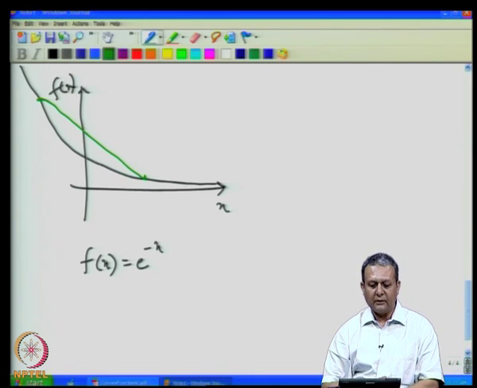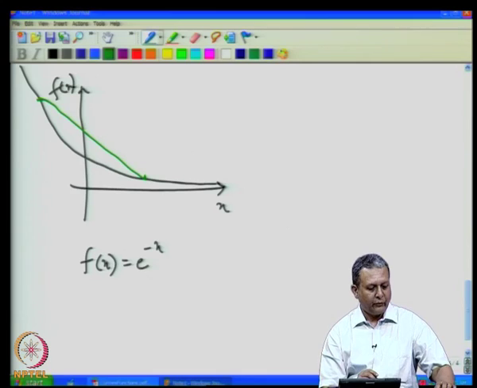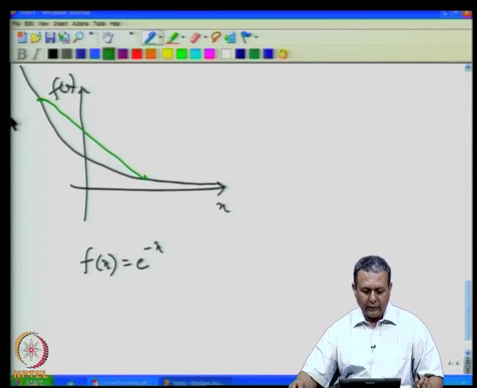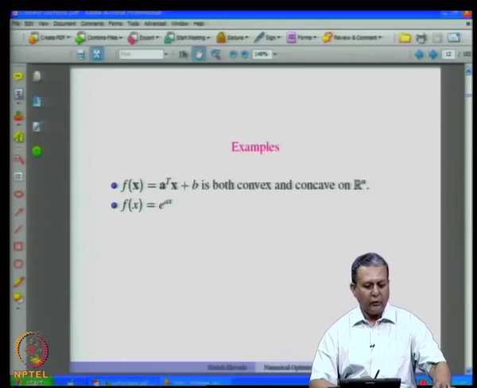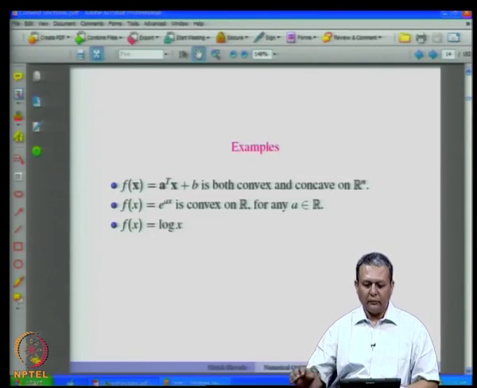So, this is a strictly convex function. Okay, now let us look at some more examples. So, e to the power ax is convex on R for any a from the set of real numbers.